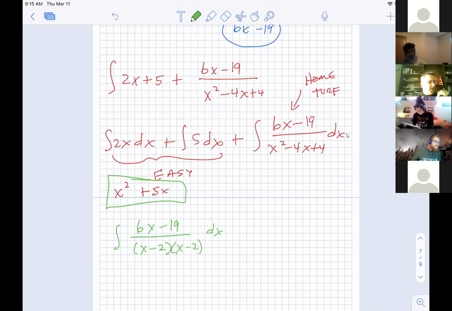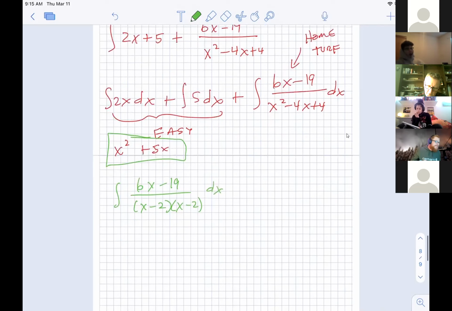Is that a problem? Well, let's find out. So that means I would need A over x minus 2 plus B over x minus 2 to be equal to 6x minus 19 over x minus 2 squared, apparently. Well, notice they already have a common denominator.